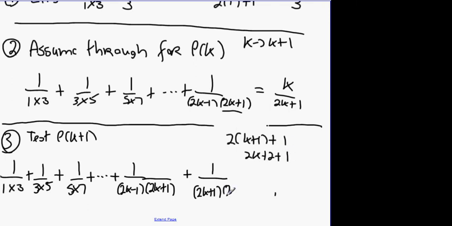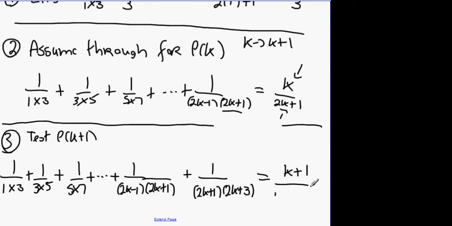It's going to be 2k plus 3. Now that's all equal to, now we got to replace the k here with k plus 1, so it's going to be k plus 1 all over 2 times k plus 1 plus 1, so it's going to be 2k plus 3 on the bottom.